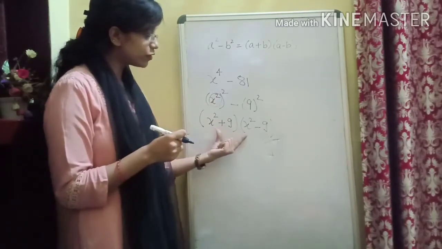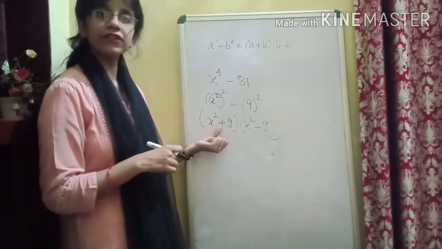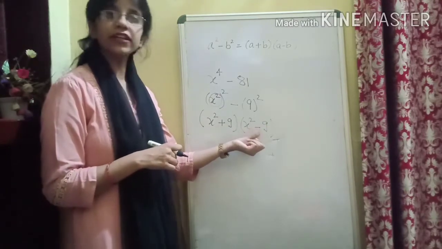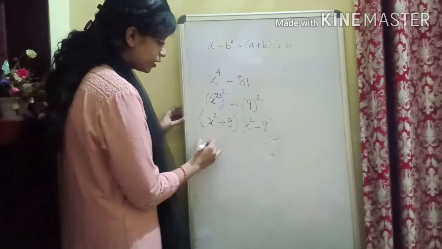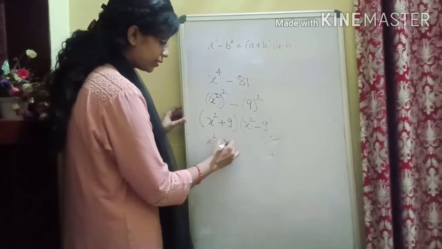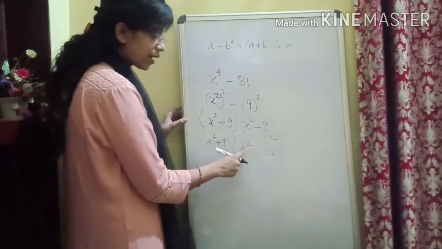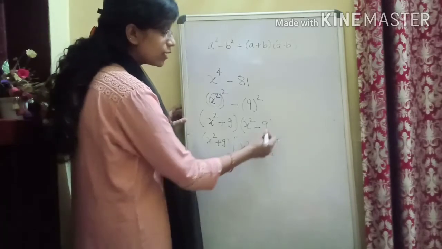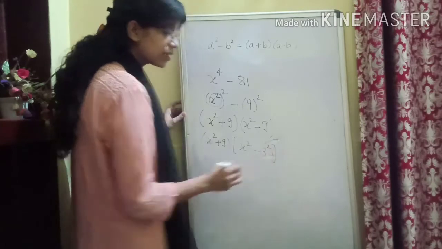But now here, in the first bracket we cannot do anything since here we are having plus, but in the other bracket we can factorize further. See, here it is x square minus 9, and x square is already given as a perfect square and 9 is also a perfect square of 3. So we can write it as 3 square, isn't it?